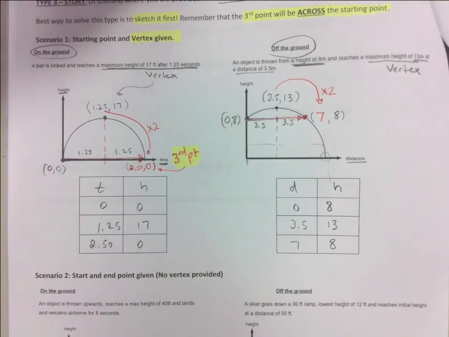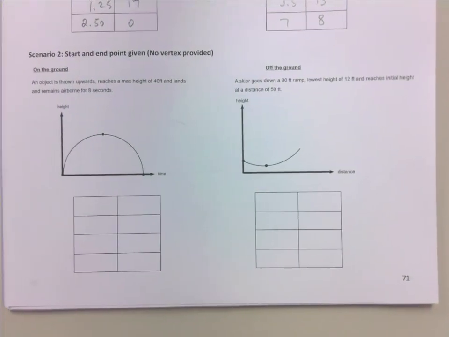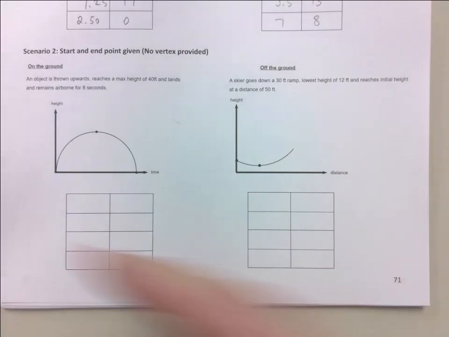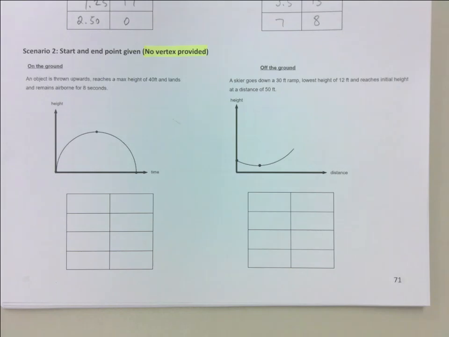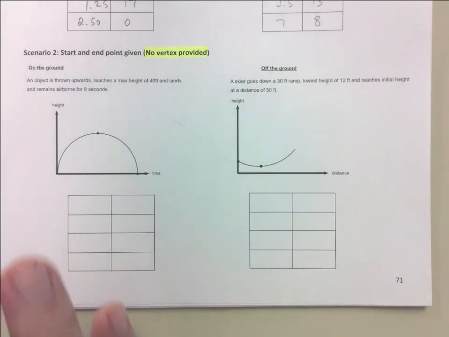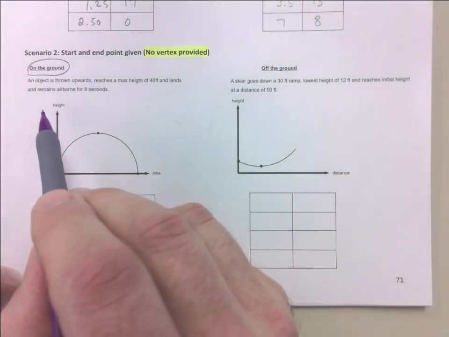Let's do this one here. This is where no vertex is provided. So the vertex is kind of missing, but it can't be completely missing. They need to give you enough information, but you'll see what I mean. Let's read this question.